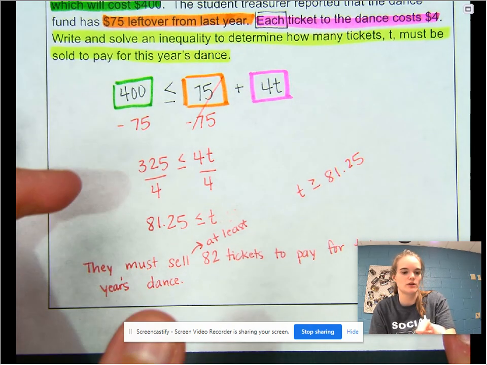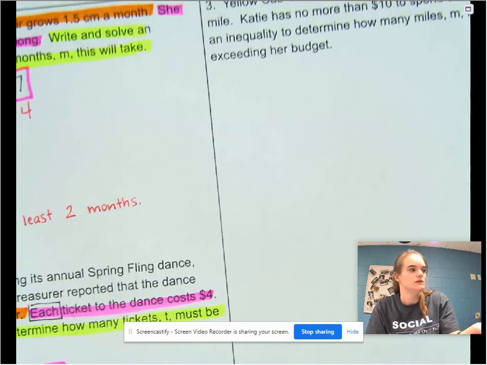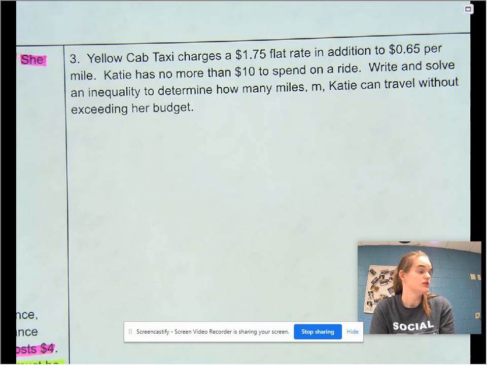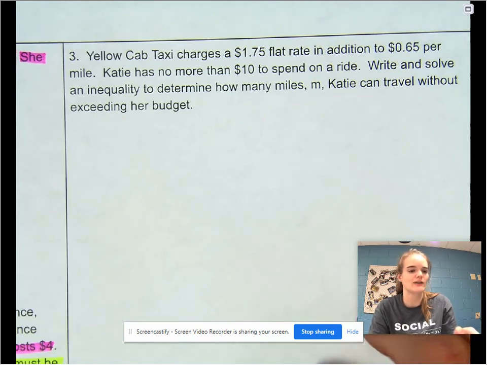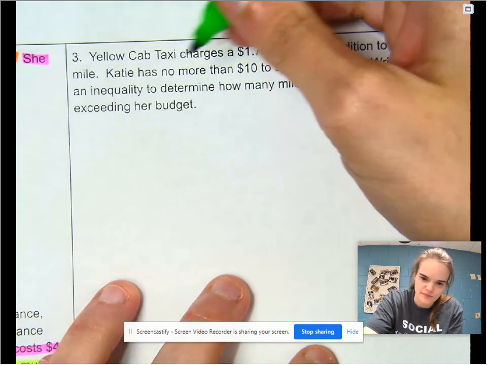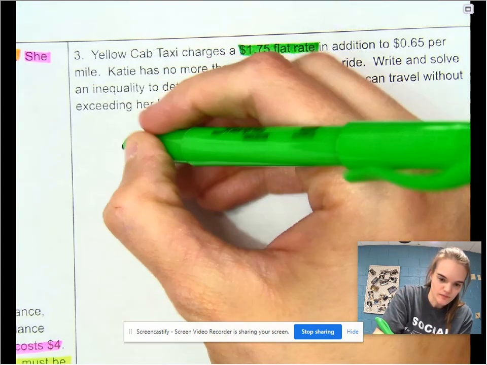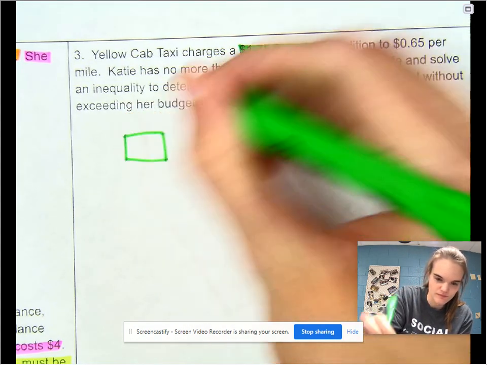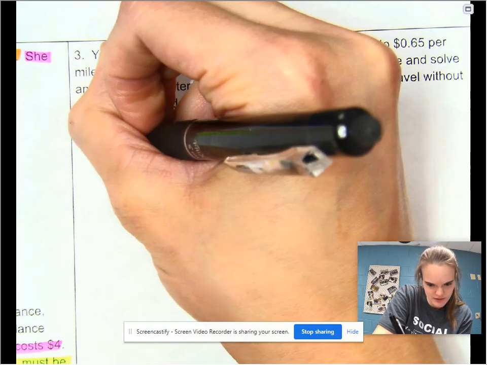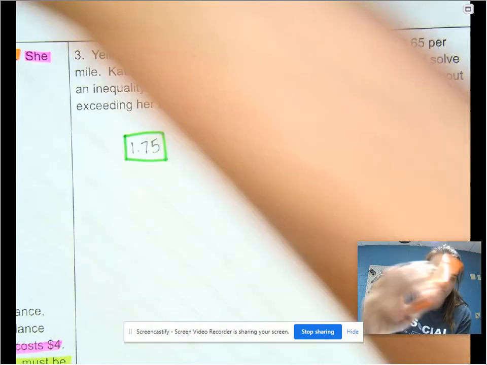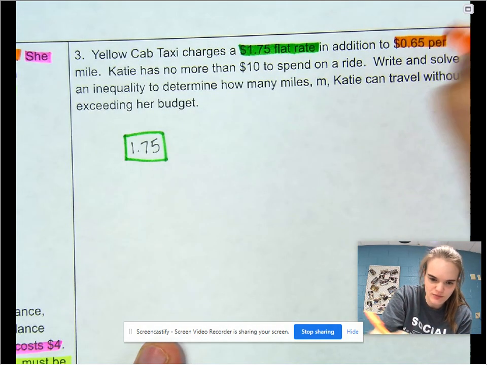All right, I'm going to flip over to number 3. Yellow cab taxi, evidently I can't read anymore, charges a $1.75 flat rate. That means you only pay it one time. $1.75, in addition to 65 cents per mile.